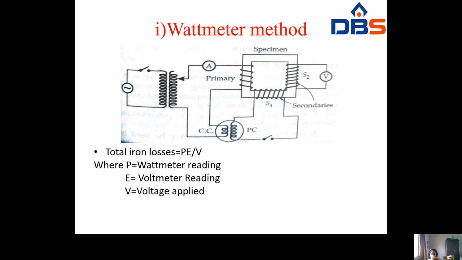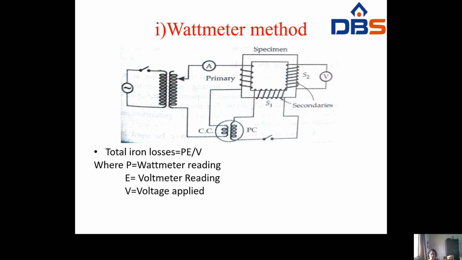The primary is given to the current coil and the secondaries are given to the potential coil. Here you have a switch, and on the secondary of the specimen you connect a wattmeter. The total iron loss is equal to P E by V, where P is the wattmeter reading, E is the voltmeter reading, and V is the voltage applied.